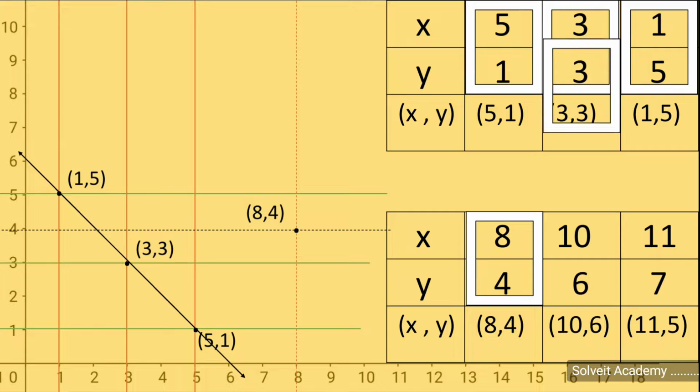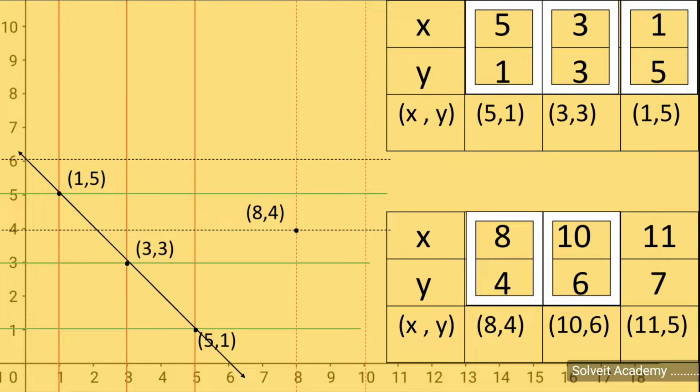Similarly, when x equal to 10, the y is 6. So we need two lines which cut the x-axis at the point of 10 and the y-axis at the point of 6. This intersection point is the required point whose coordinates are 10, 6.